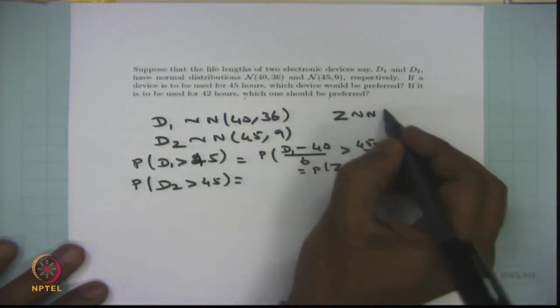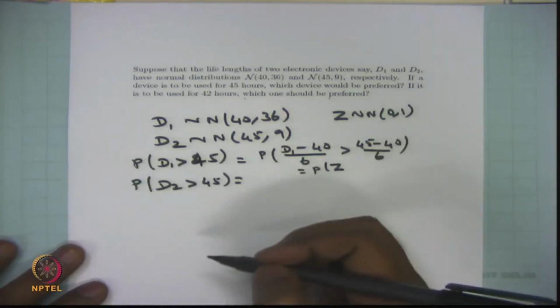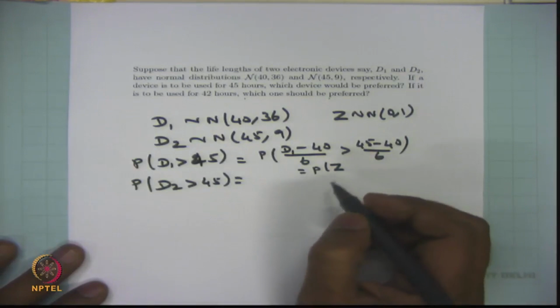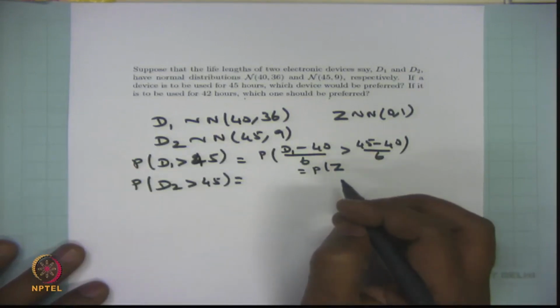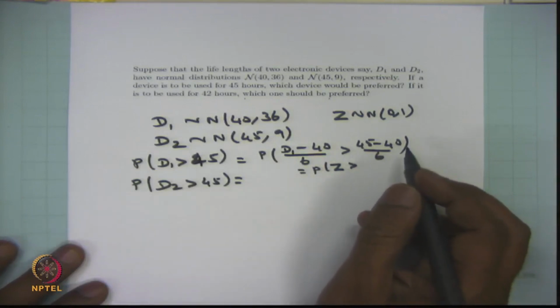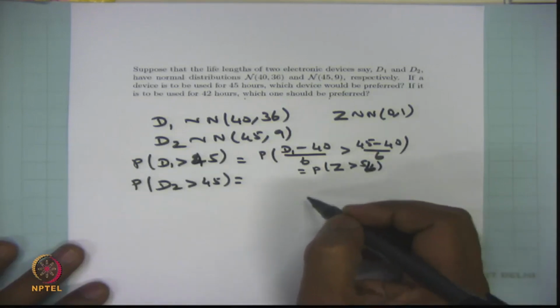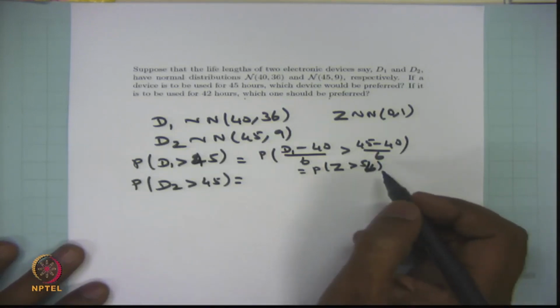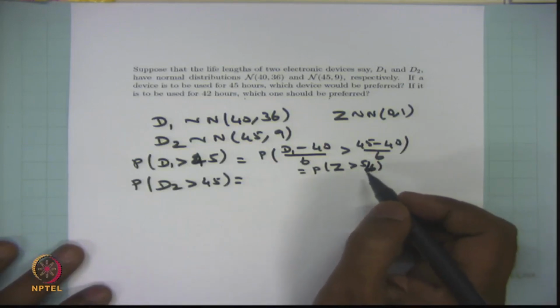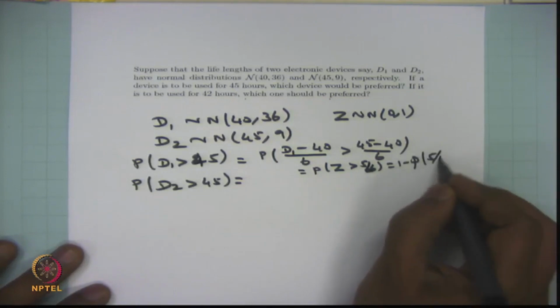Z is standard normal distributed, that means mean is 0, variance is 1. So, probability of Z greater than (45 minus 40), so it is 5 by 6. You find the probability of Z greater than 5 by 6 using the table, that is 1 minus psi of 5 by 6.